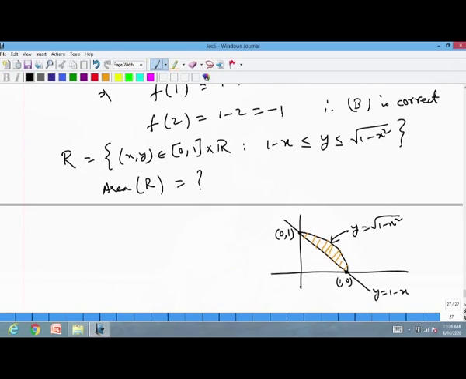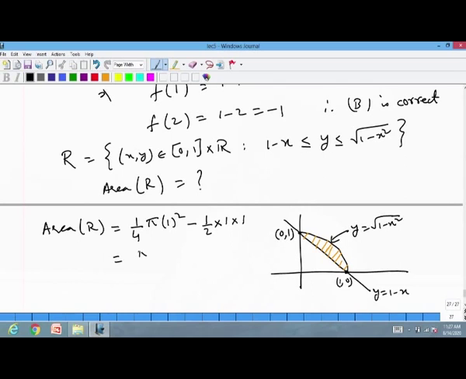So, here you do not even have to integrate to find this area, because the area of R is nothing but the area of this quarter circle minus the area of this triangle. So, this is 1/4 times the area of a circle of radius 1, which is pi times 1 square, minus the area of this right angle triangle, which is half times 1 times 1.